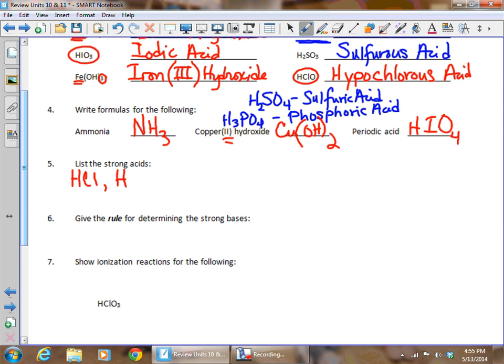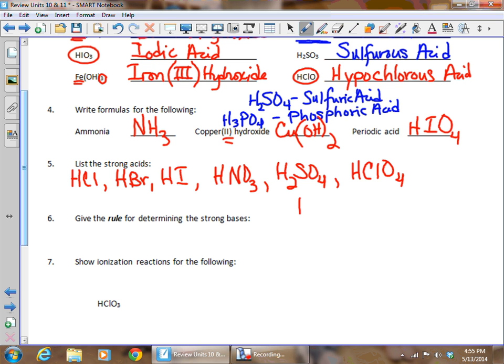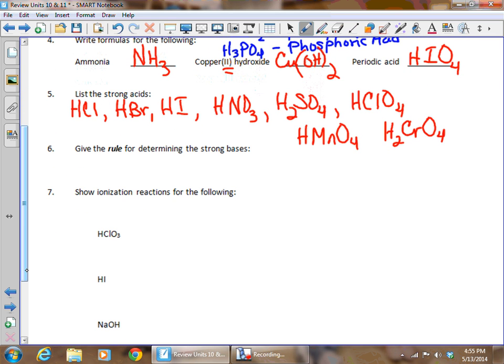Hydrochloric acid, hydrobromic acid, hydroiodic acid, HNO3, nitric acid, sulfuric acid, perchloric acid, permanganic acid, and chromic acid. Should be 8 strong acids, and those are the ones that you have to be able to recognize to know if they're strong or not.